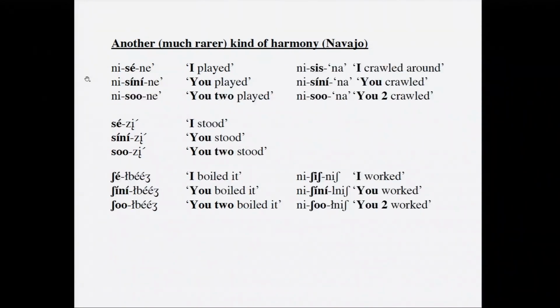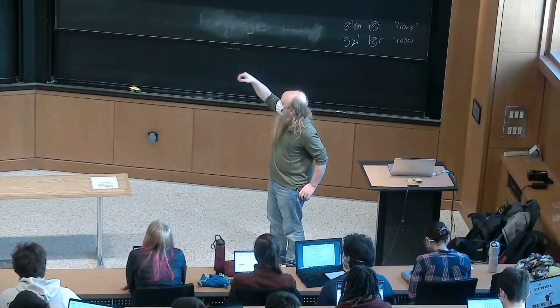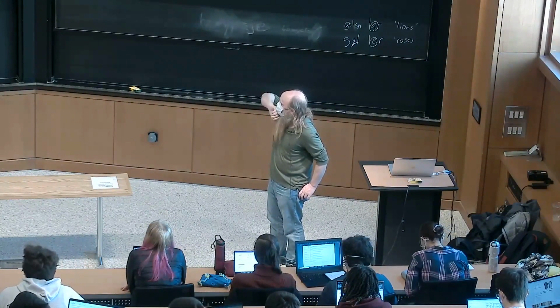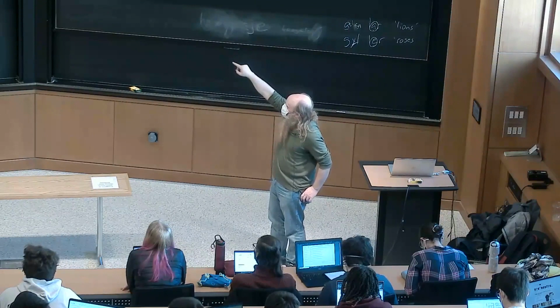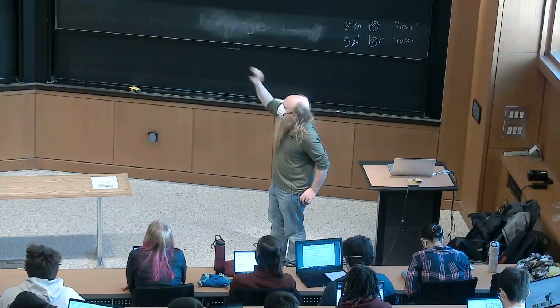sibilant harmony. What's going on here, and here's another example of it. You get se, sini, and sol for played and stood and crawled around, but she, shini, and shol for boiled and worked. And the relevant difference between boil and work on the one hand and play, crawl around, and stand on the other is that boil and work have in the verb a sibilant, which is post-alveolar.